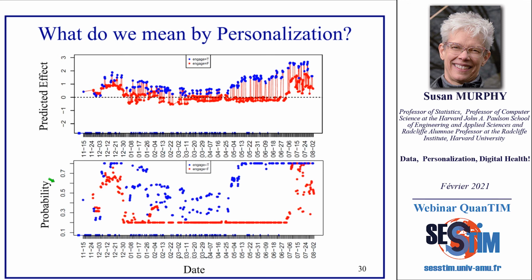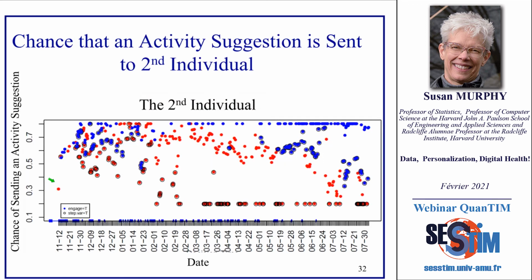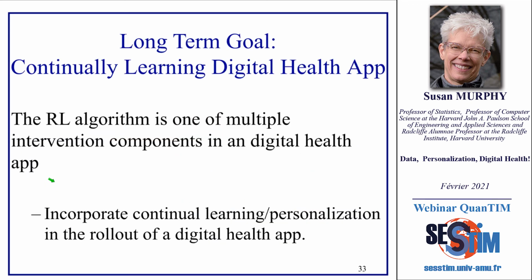And then accordingly, at the bottom where the green arrow is, the probability of the individual being delivered a message is associated with that effect. It's higher when the individual has been more responsive in that particular setting, and lower when the individual has been less responsive. I have results for another individual, but I'll skip that in the interest of time.